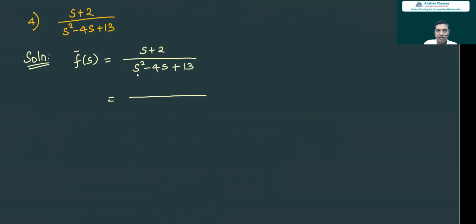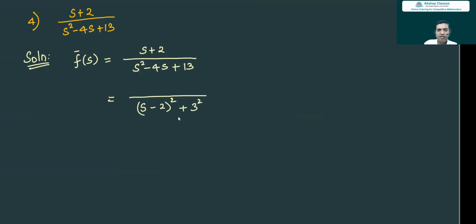We can write this as, observe carefully, this is minus 4s, so we can consider this as s minus 2 the whole square. So s minus 2 the whole square gives s square minus 4s plus 4. That 4 plus 9 gives 13. So this 9 will be replaced by 3 square.